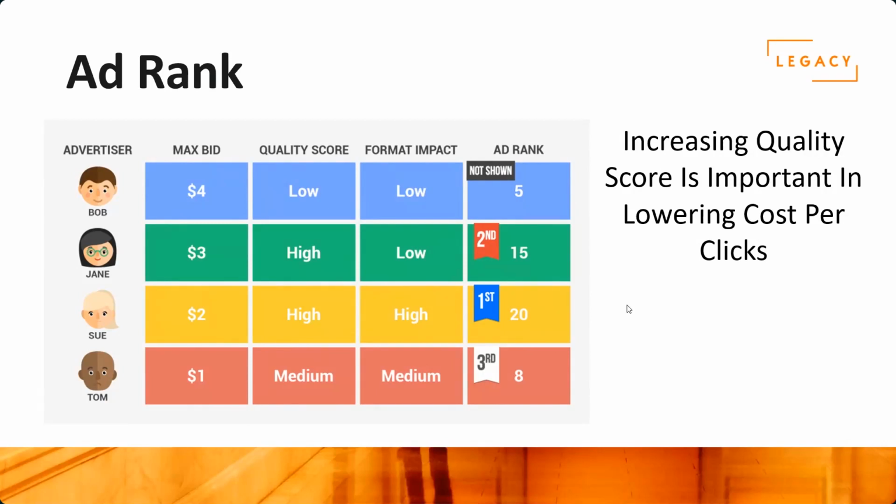And the format impact is basically your use of ad extensions, having as many ad extensions as are relevant to your business. If you score high on those and your ad extensions, you can have a low bid, but these multiplied by each other add up to a very high ad rank. Therefore, you will show in the first spot.